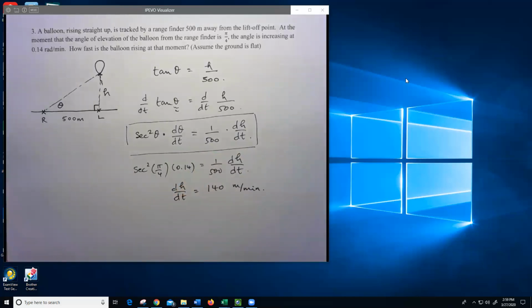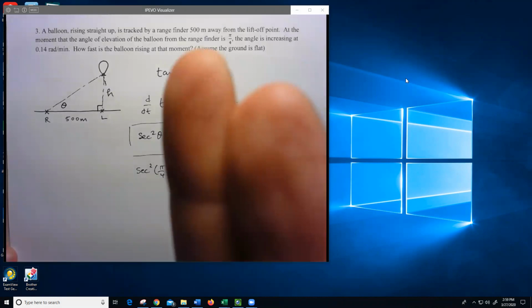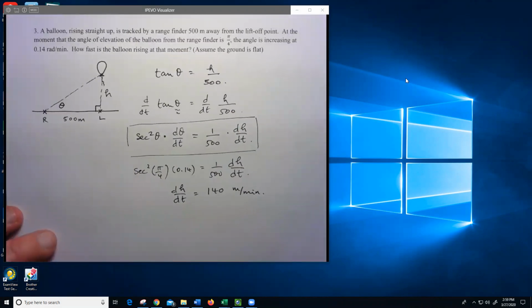Okay, so again, finding a way to relate something that the actual machine can calculate, so the rate of change of angle with respect to time, to help you calculate another rate of change, the speed of the car. Okay, so these are the types of applications where this whole related rate thing comes into play.